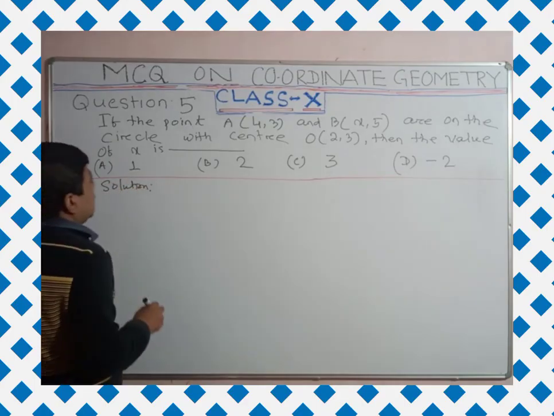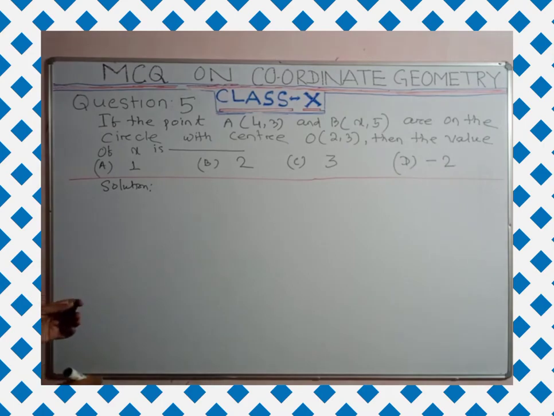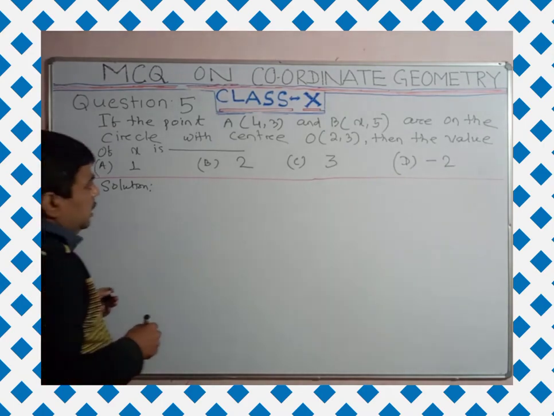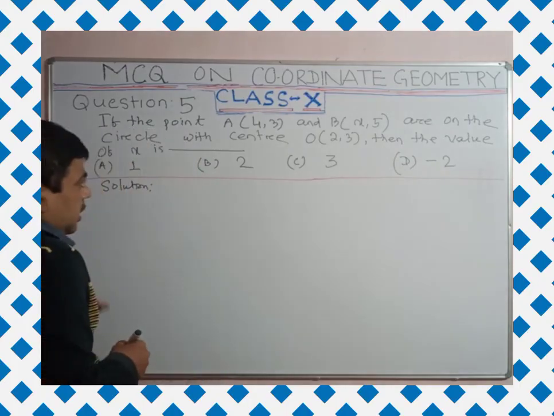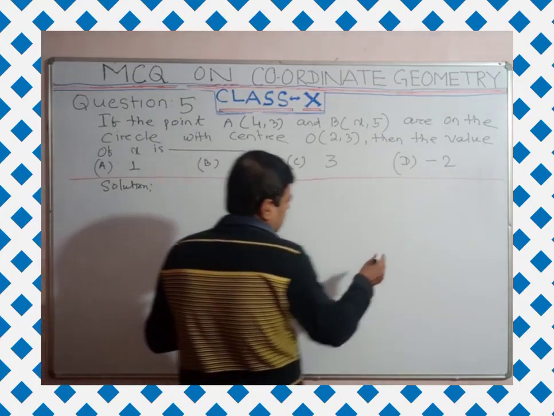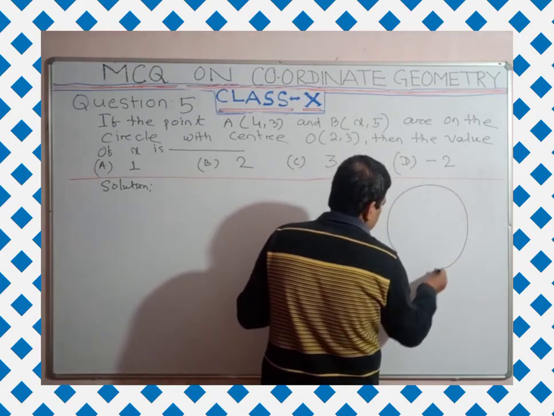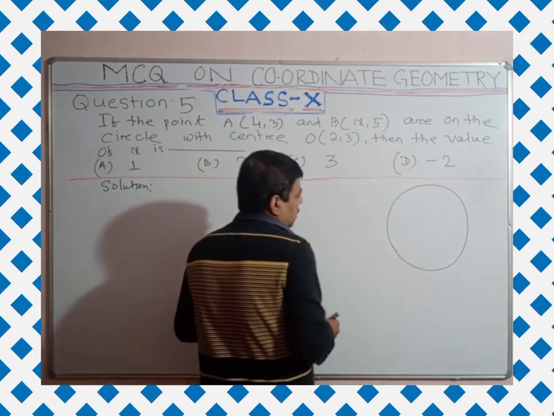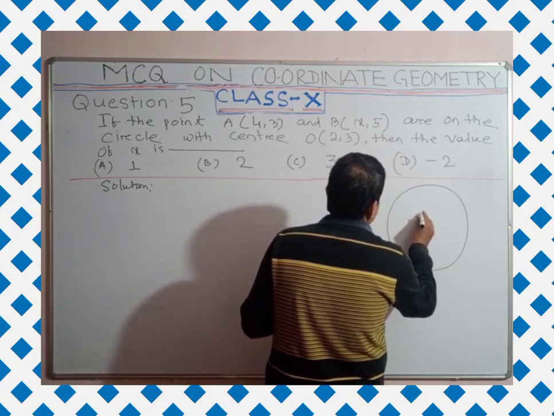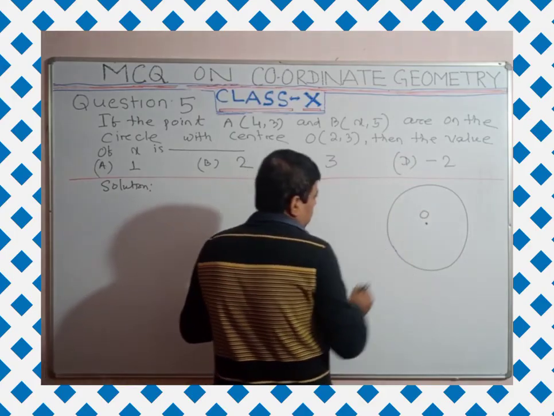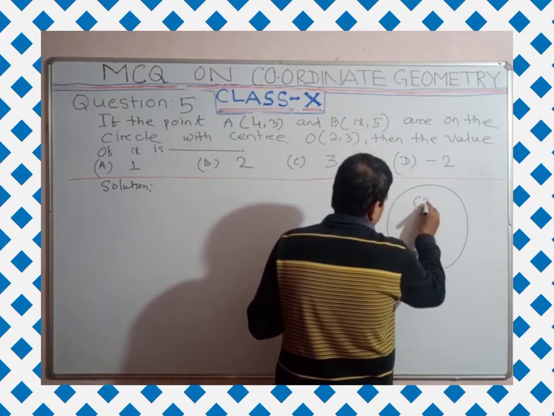Here you see the point A, whose coordinate is (4, 3), and the point B, whose coordinate is (x, 5), are on the circle, and the center of the circle is given. So this is the circle, and this is the center of the circle. O is the center of the circle. What is the coordinate of the center given? 2 and 3.